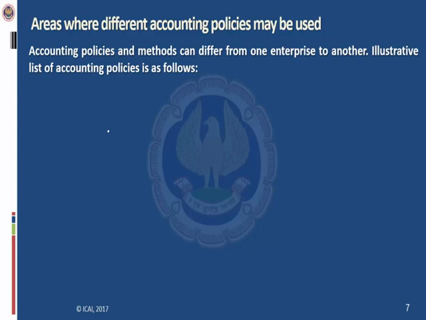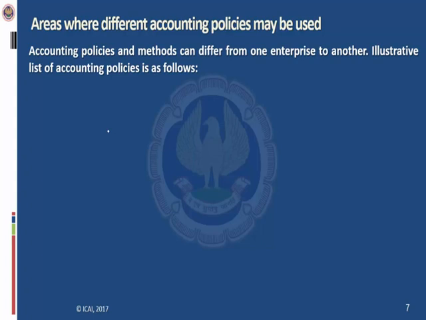So there are various policies, various methods which can differ from one entity to another. Why? Because alternatives are available in the standard, or where accounting guidelines have not been prescribed, then an entity is free to choose any policy or form any policy going by the industry or some other standard issued by some other organization.